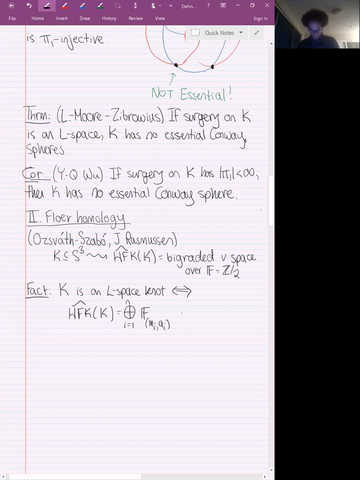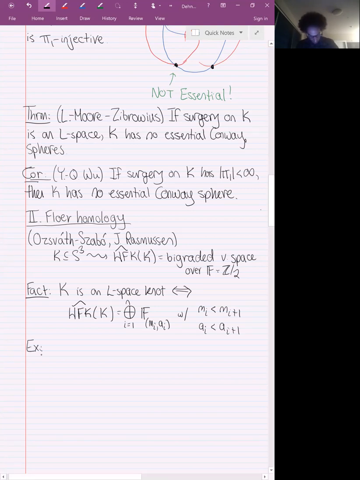So that's just a long-winded way of saying that we can index so that the bigradings are both increasing. Now, this is not the usual way that knot Floer homology of L space knots is written, but this is what we're going to need for our purposes.